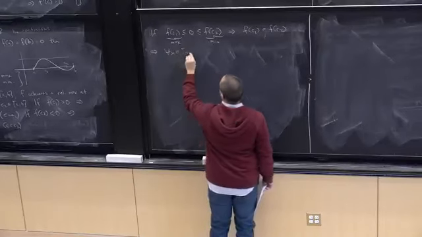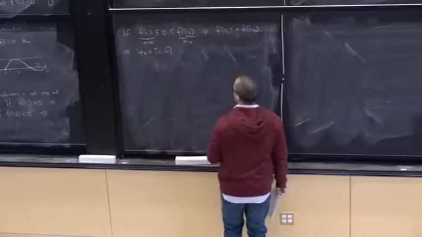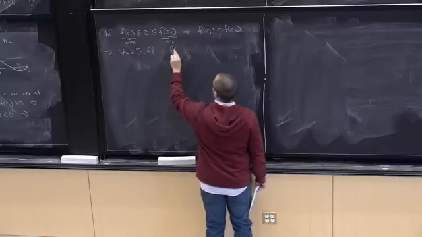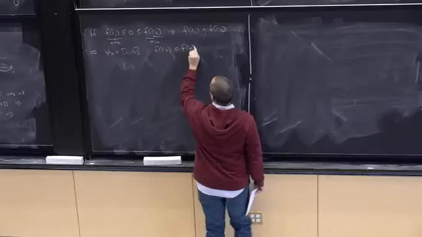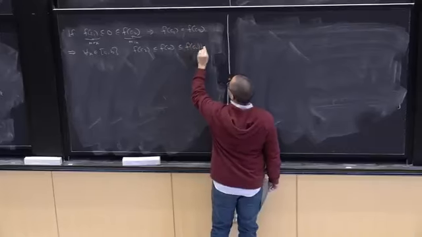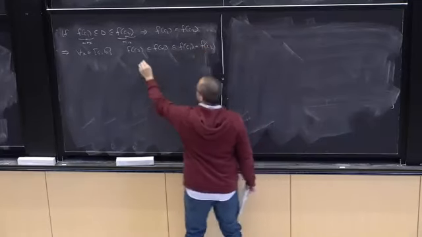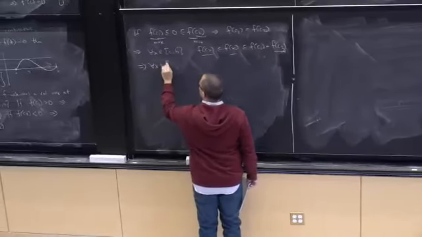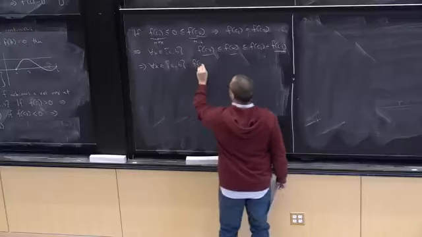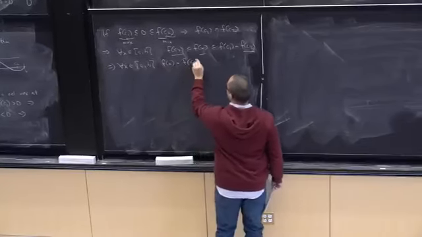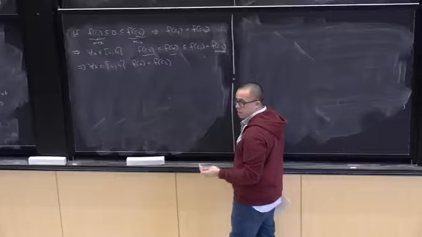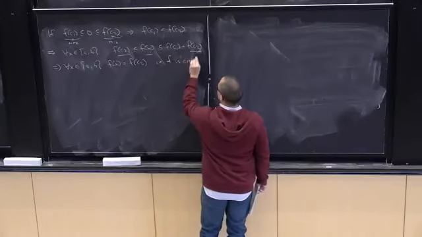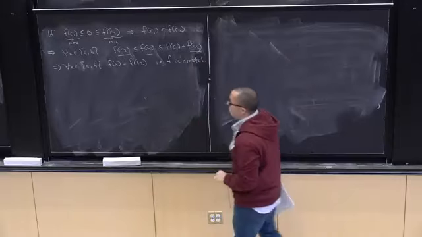for all x in AB, f of x equals f of c2. So that means f is constant, right? And we know what the derivative of a constant function is.